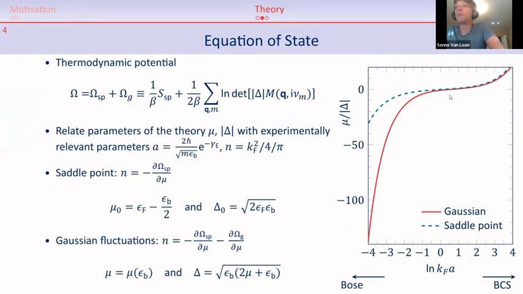But if you look at the result here, which if you include Gaussian fluctuations, you get this red line, and you can see that the difference is really big, especially in the Bose regime. So it turns out, and this is especially important if you look at the collective modes, that you really need to take into account Gaussian fluctuations in order to get some physical results. In the BCS regime, you can use the saddle point result, but in the Bose regime, it's really important to include the fluctuations.